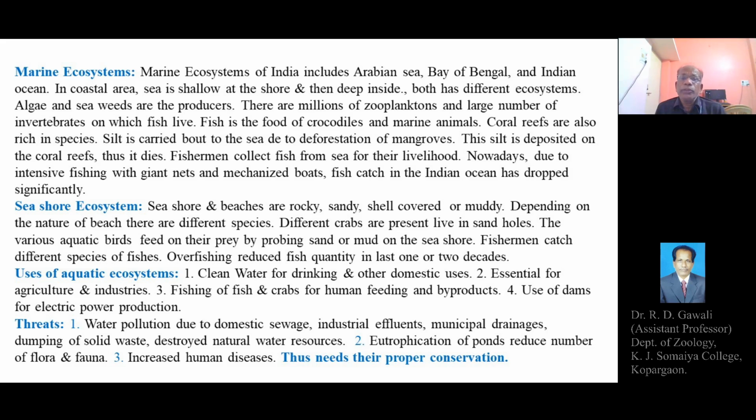Then secondly, eutrophication of the ponds reduces the number of flora and fauna. Eutrophication is a very dangerous or harmful activity for ponds, and this happens due to an increased quantity of organic waste or nutrients in the pond, and this results in an increase in the productivity of the pond.